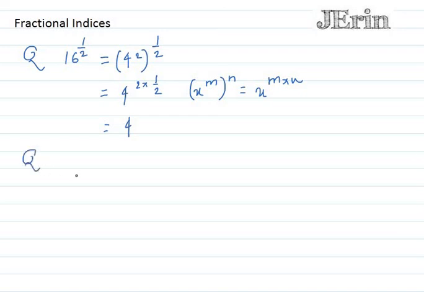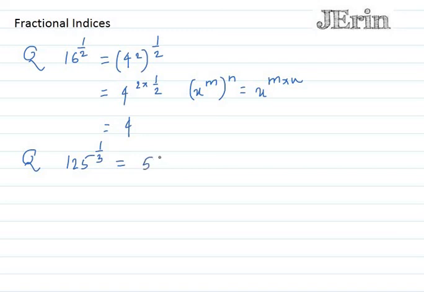Let's see how we find the value of 125 raised to 1 over 3. Now this 3 over here should give you a hint of the manner in which you need to represent 125. So 125 can be written in this fashion.